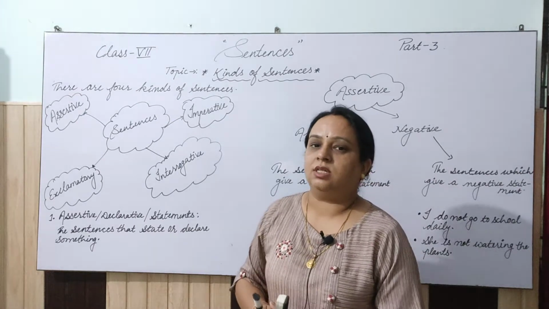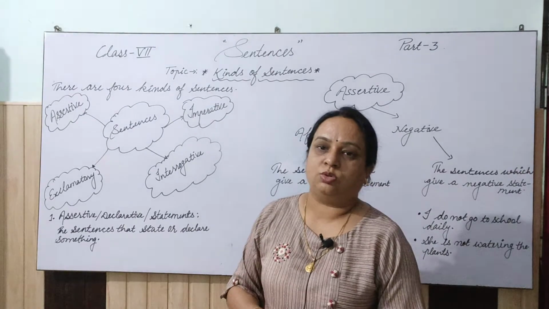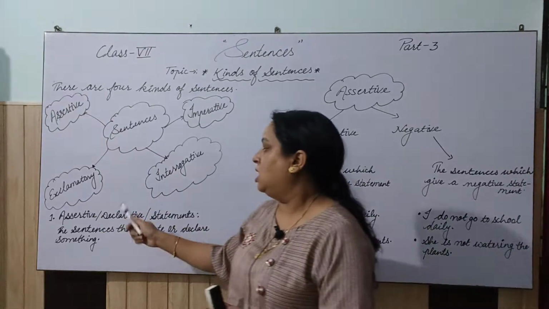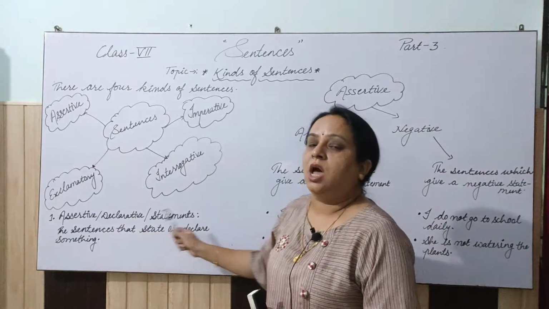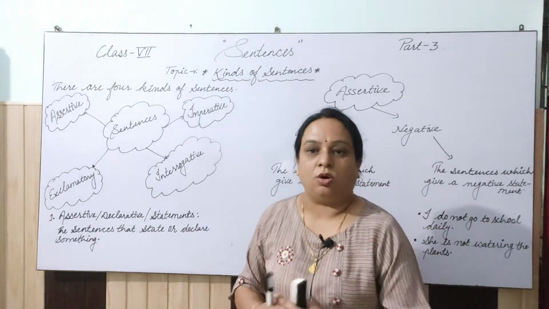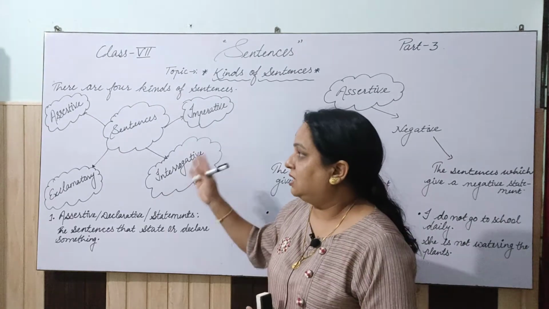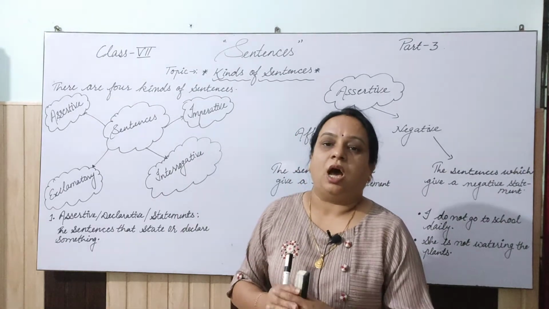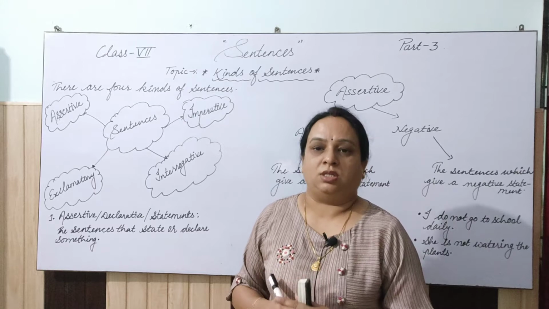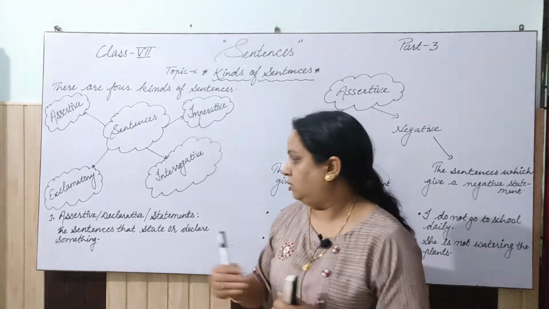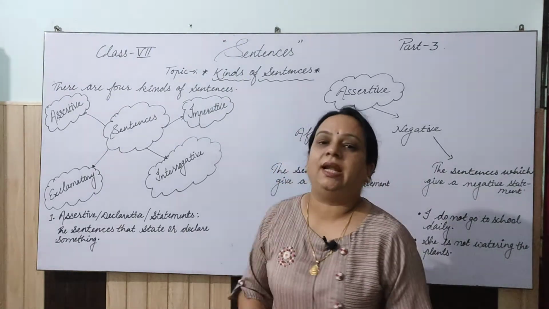This assertive sentence, as I've told you in the last videos also, is known as declarative sentence also, and this is known as statements also. Generally, these assertive sentences are used to give the statements, to tell something about someone, or to declare something.